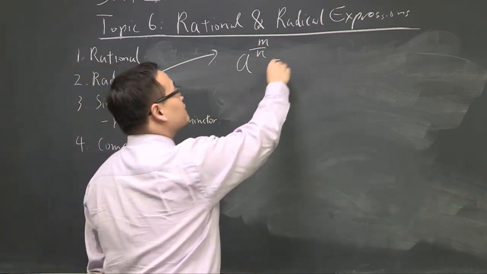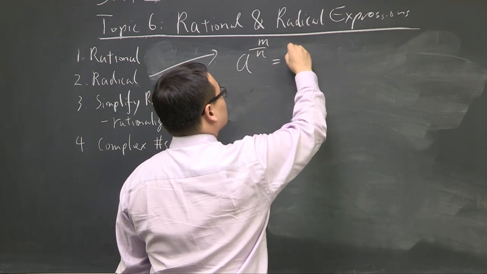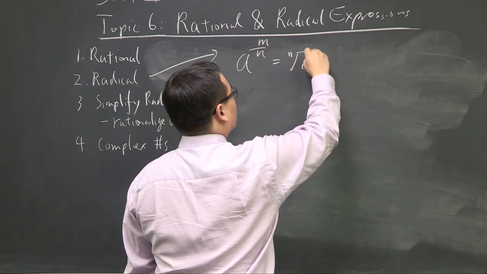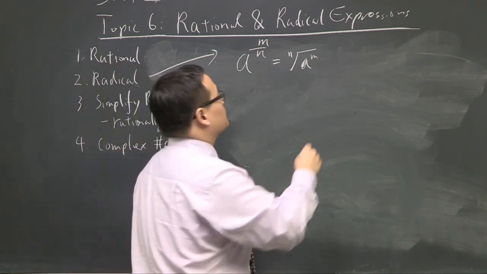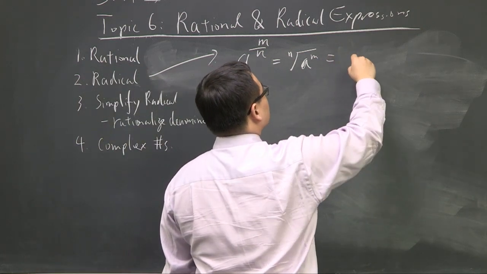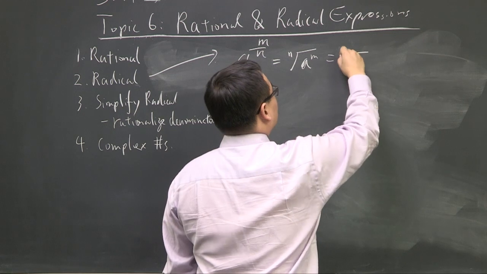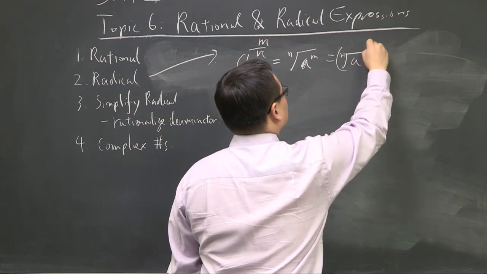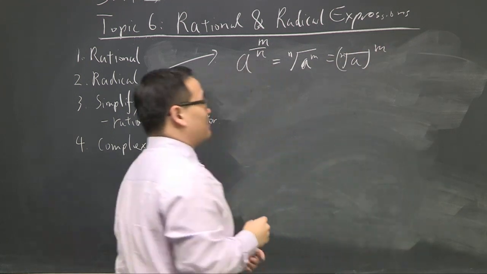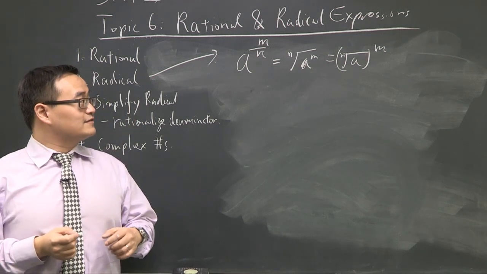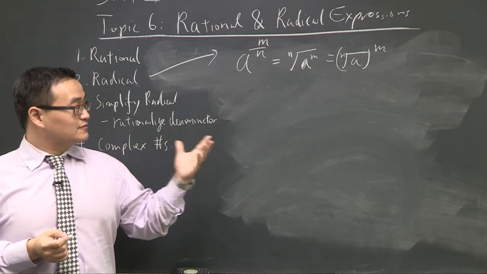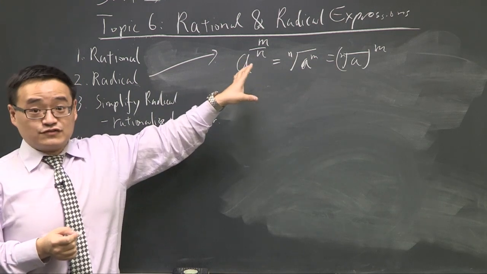Simple, right? This really is equal to the nth root of a to the mth power, or this is equal to the nth root of a, whole thing to the mth power. Right? We talked about this in the last topic. I'll save some time and just show you guys this is what it is.